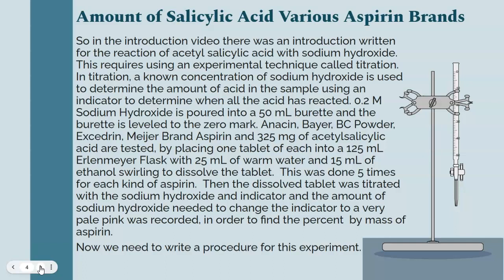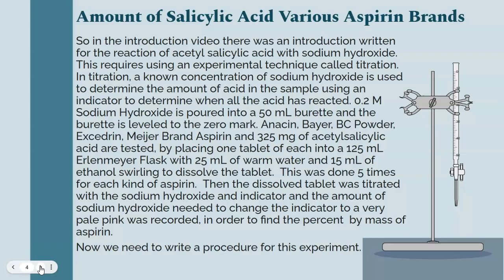We're going to do this 5 times with each kind of aspirin, and then once the tablet is dissolved, we're going to titrate it with sodium hydroxide and an acid-base indicator called phenolphthalein, in fact, and we're going to record the amount of sodium hydroxide needed to change the indicator to a very pale pink. And this is going to be in order to calculate eventually the percent mass of the acetylsalicylic acid in the tablet of aspirin. So now we need to write a procedure for this, but we first need an ED.